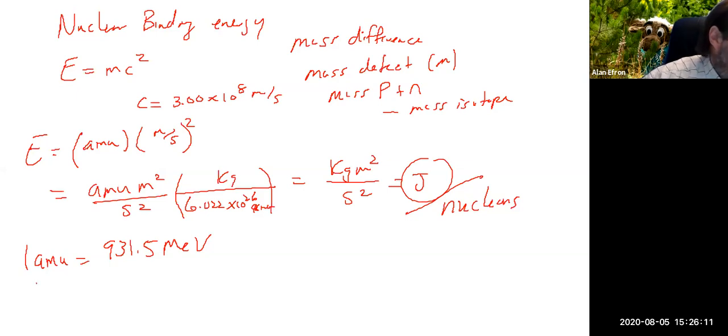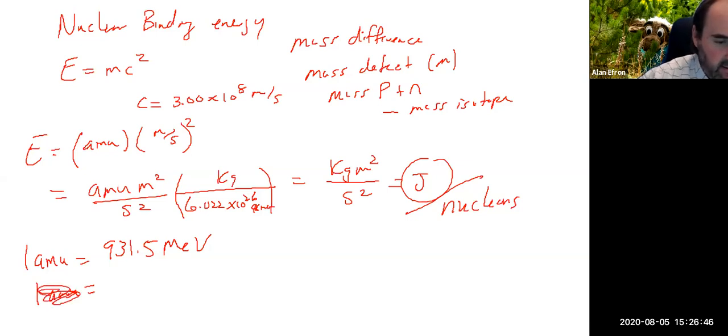And another relationship, I think, was 1 AMU was, what is that number? It's getting old. I'm getting too old to see that. Actually, let me do it this way.